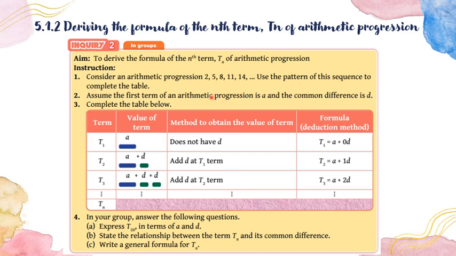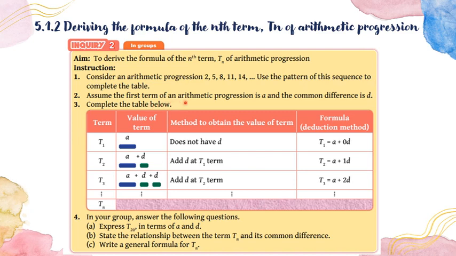First we consider the progression 2, 5, 8, 11, 14. This is a number sequence where the difference is the same, which is we add 3. 2 becomes 5, we add 3, 5 becomes 8, we add 3, 8 to 11, 11 to 14, we add 3. Use the pattern of this sequence to complete the table.